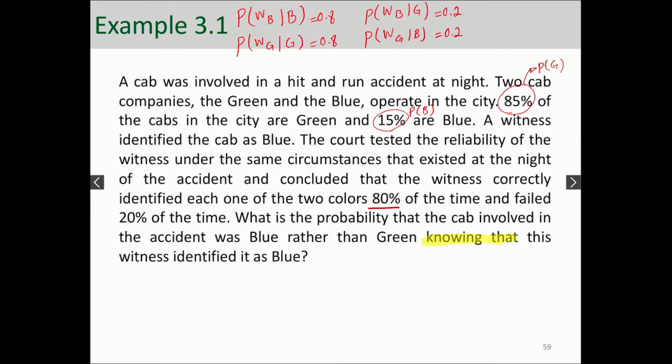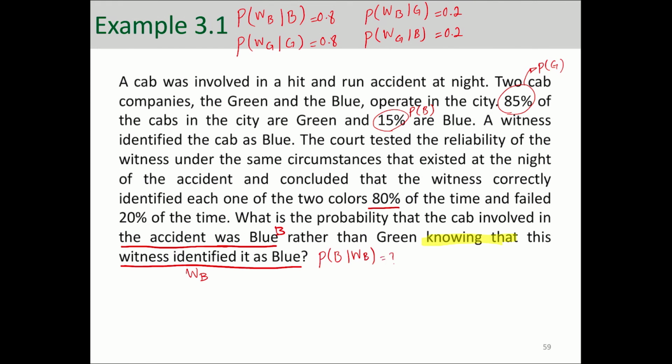Witness identified it as blue is the given part. That is W blue. The probability that the cab involved in the accident was blue, that part is B. So we're looking for probability of B, the cab was blue, given that the witness says it's blue. And that's what matters to the court.